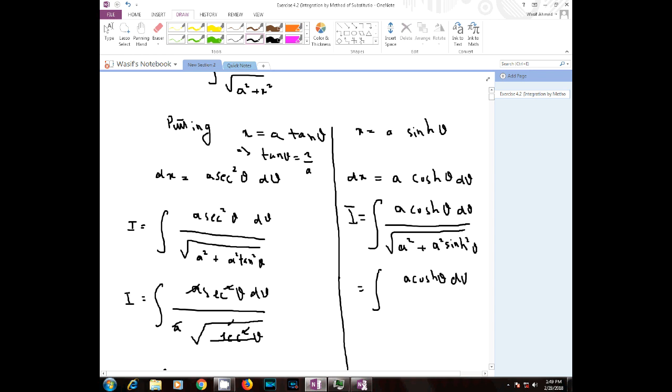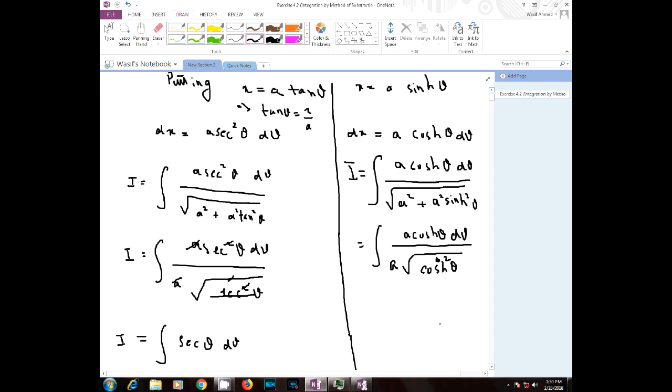A cosh theta d theta divided by, take a square common between the denominator terms and take it out of the square root, you would get 1 plus sinh square theta, that is equal to cosh square theta.